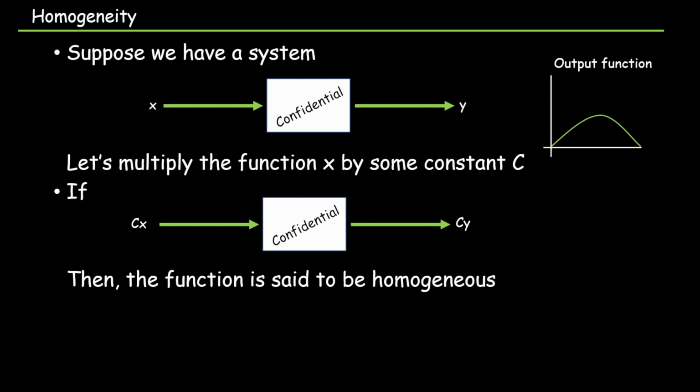Then the function is said to be homogeneous. So we multiply by some constant c and get the output cy, which is pretty much the same sinusoidal wave, just multiplied by a constant that's typically the amplitude.